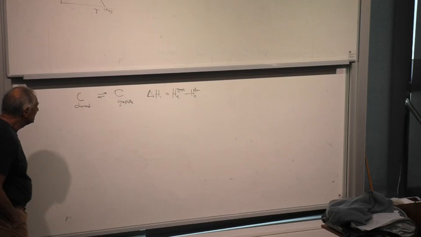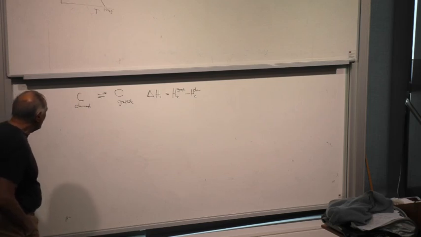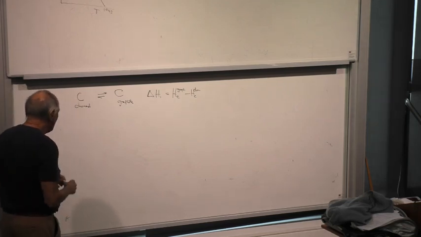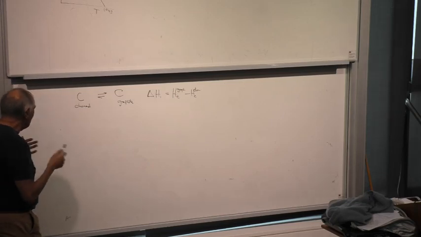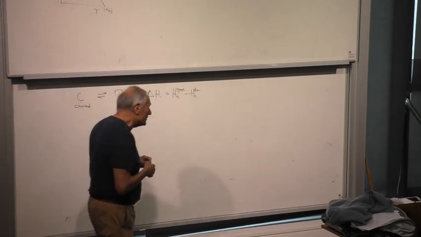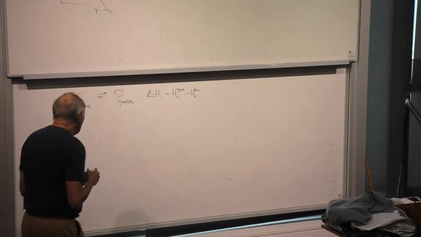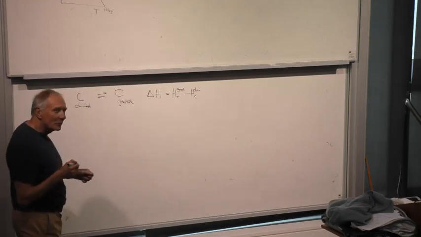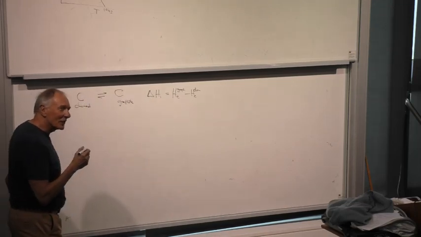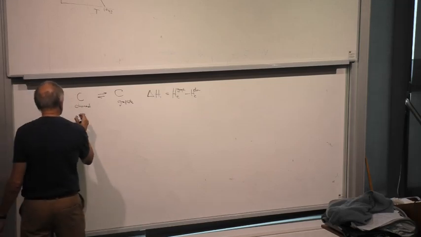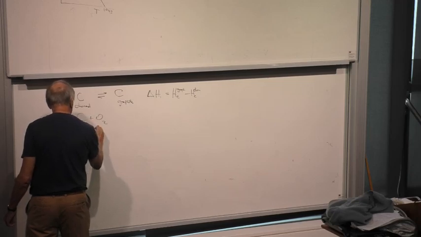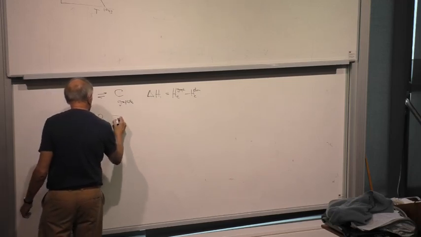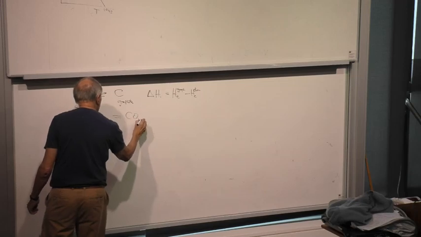Well, we use Hess's law. What you do is you go along to De Beers or one of the large diamond companies and ask them to give you some diamond. And then you would burn it in your calorimeter. So you'd react it with oxygen and make carbon dioxide.